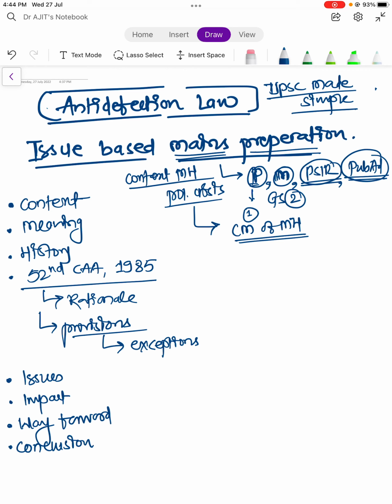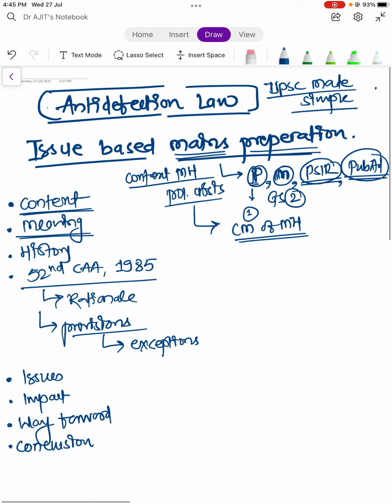So we will just go through what broad aspects of this particular issue we are going to discuss. First we will see the context of this particular topic, anti-defection law. Then we will see what is the meaning of anti-defection or defection. Then what is the history of defection. Then we will see the 52nd Constitutional Amendment Act, which brought the 10th Schedule.